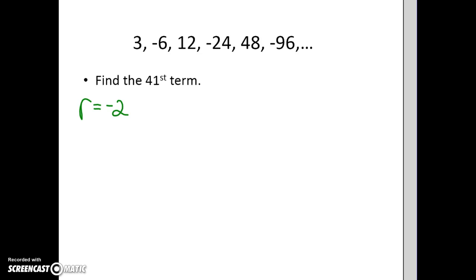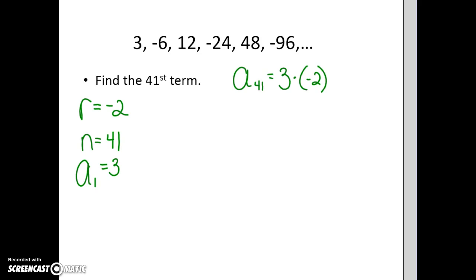N is my 41st term. A sub 1 is 3. So I have A to the 41st term equals 3 times -2. Notice I used parentheses for -2, raised to the 41 minus 1 power.